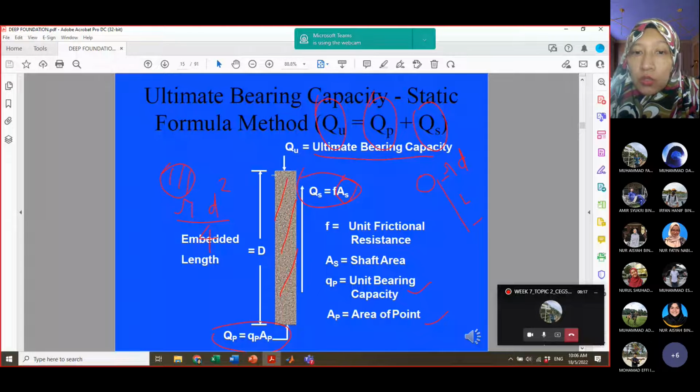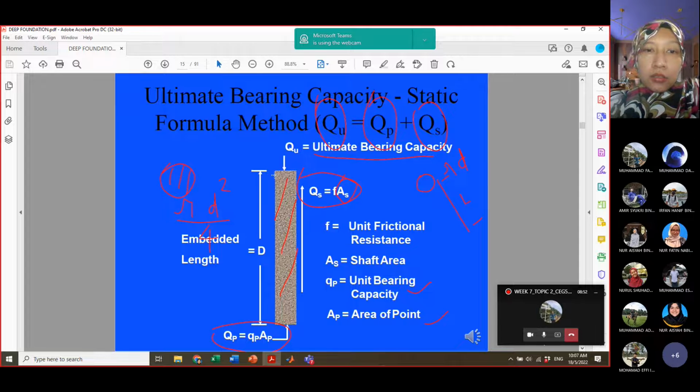Thus, you need to decide on having a deep foundation, or pile. We go to piling when, from the soil profile, you have very soft soil with a very high load carrying requirement, so you need to go to piling. Piling has many types, depending on the material, the function, or more simply the installation or construction method.